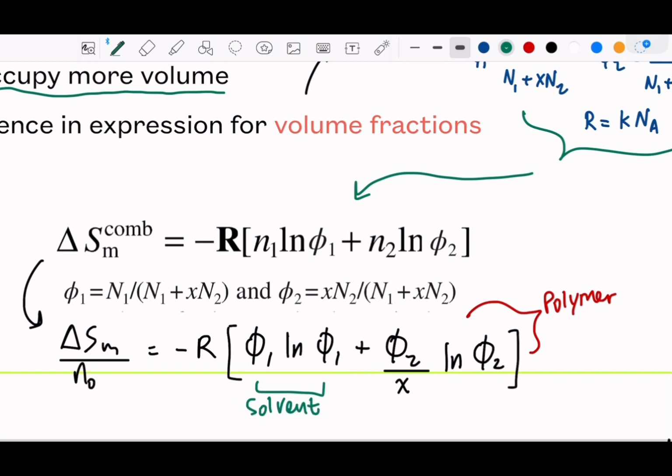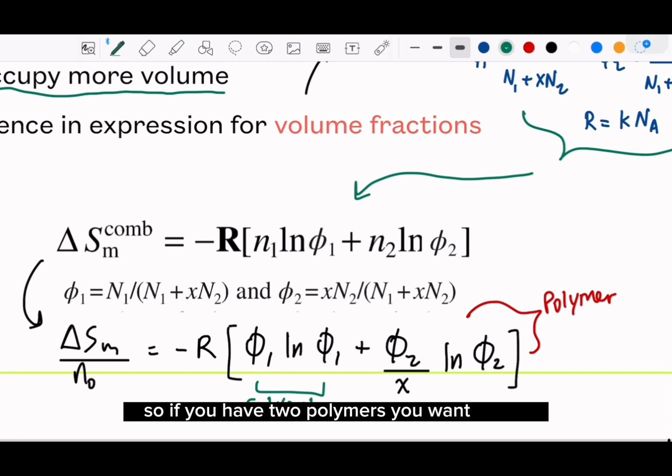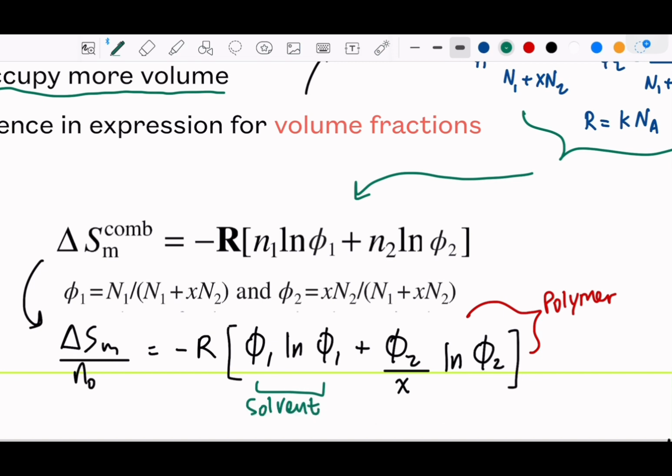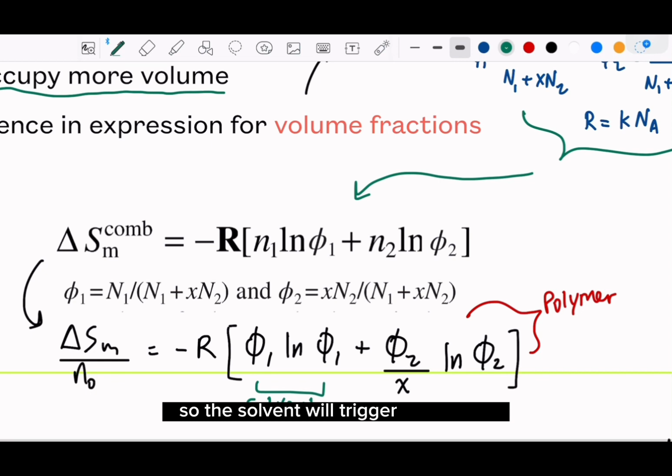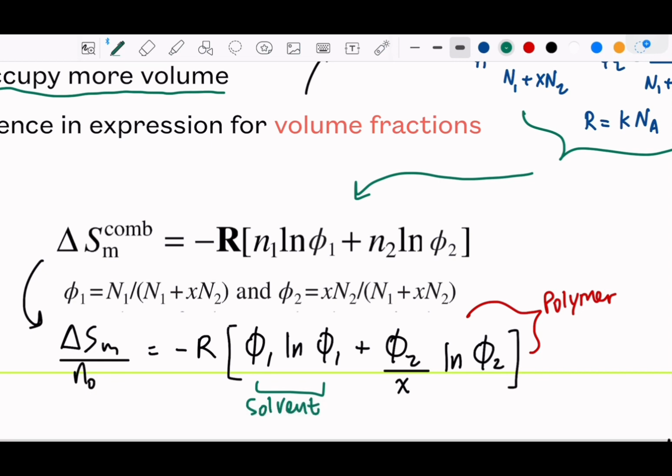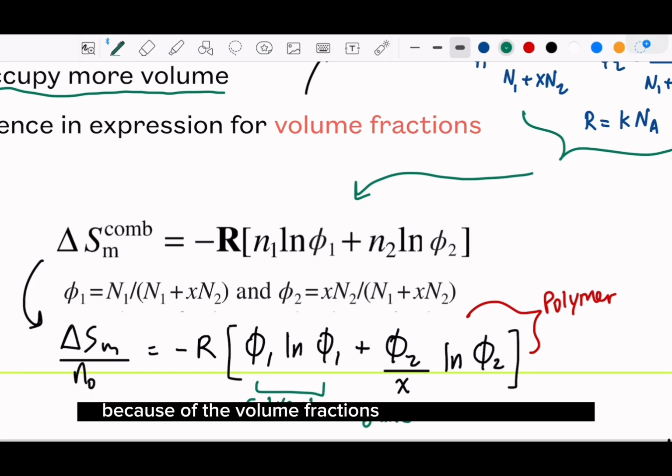Okay? So if you have two polymers you want to mix, the likelihood of that happening is nearly not possible if we take this model. So the solvent will trigger the mixing. Since it's negative, because of the volume fractions, it will promote mixing.